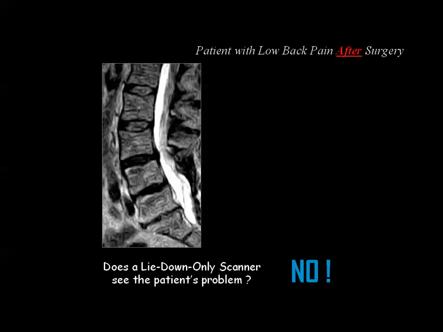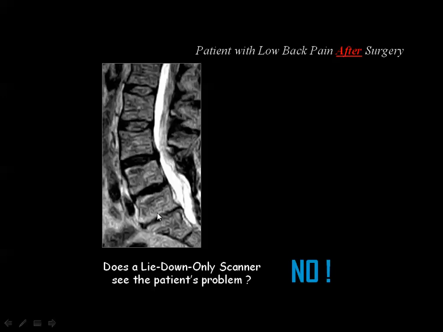Then if you look carefully at this MRI of the back of one of the patients who had a surgery for the L4-5 disc. This is a recumbent MRI where you can see that the operation is done very well and there are no complications at all.